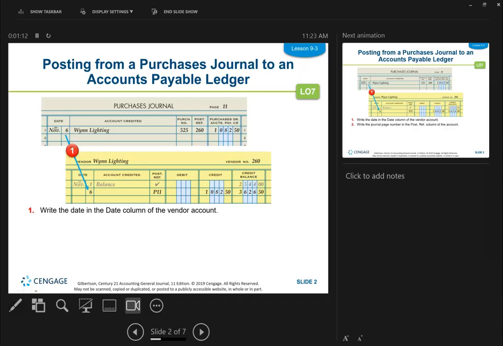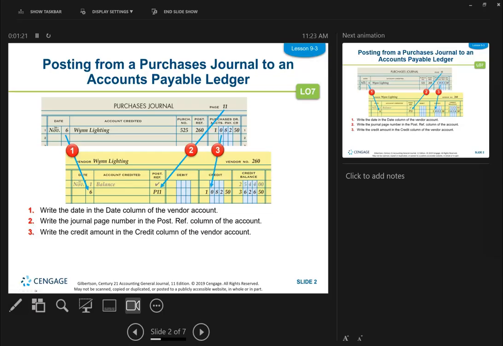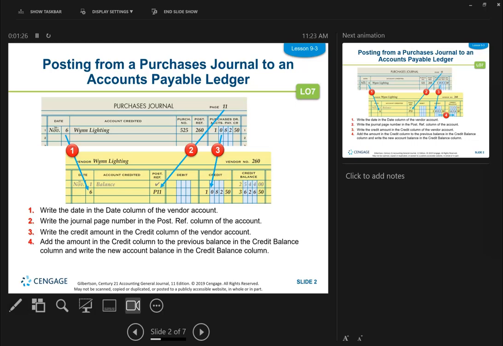So you start by doing the date, and then the post reference, so that's going to be for page 11. And then take our credit value to the credit column, and then update the current balance.